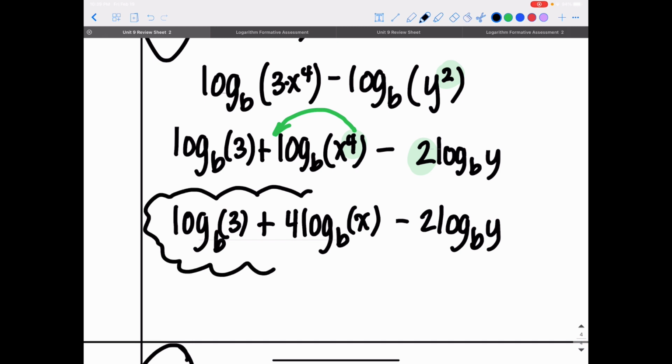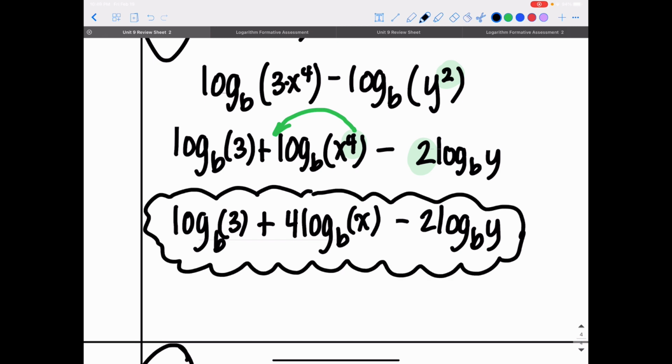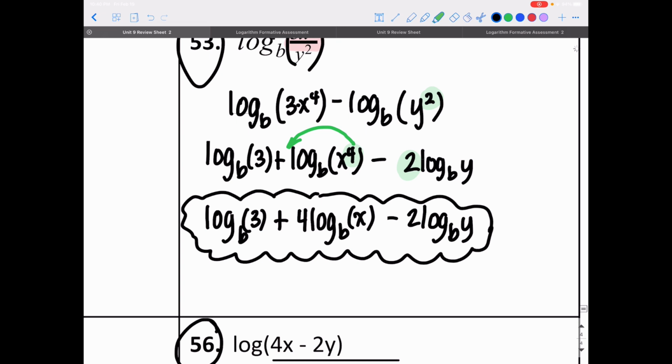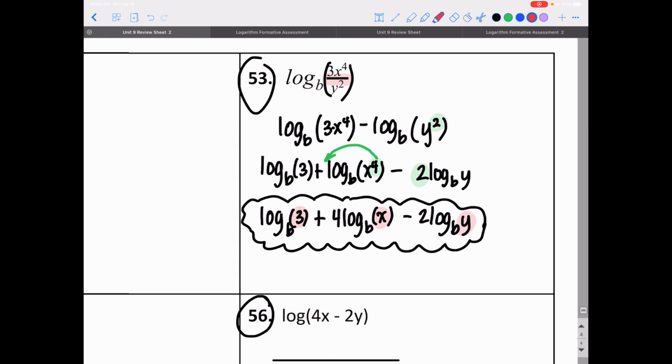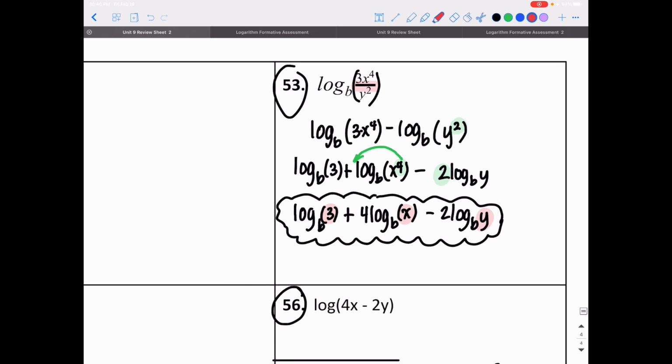And this is my answer. Every one of these expanded forms has a single factor inside of the logarithm by itself and no exponents. So you need to look that there is no multiplication or division inside the logarithms anymore, and there are no exponents.